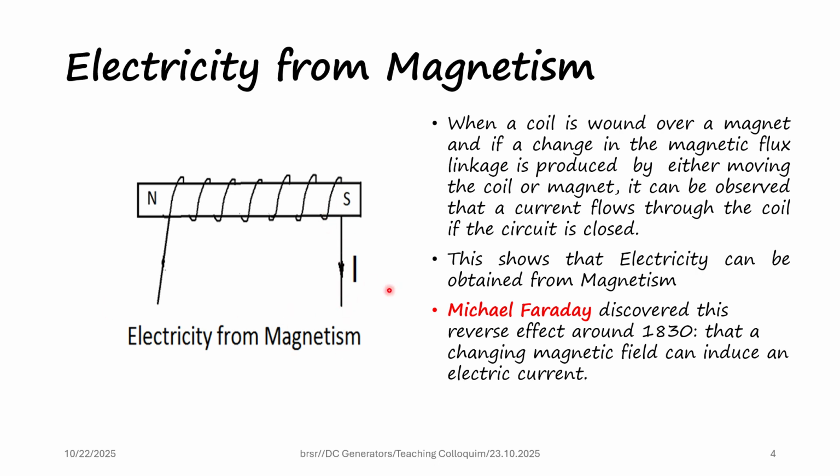This shows that electricity can be obtained from magnetism. This was found out by Michael Faraday in the year 1830: a changing magnetic field can induce an electric current.